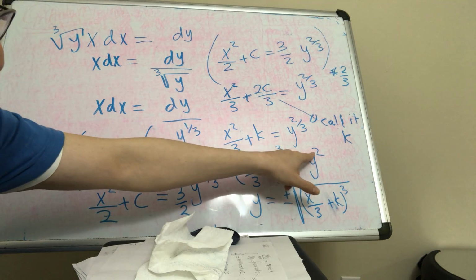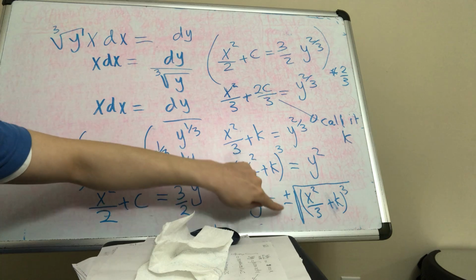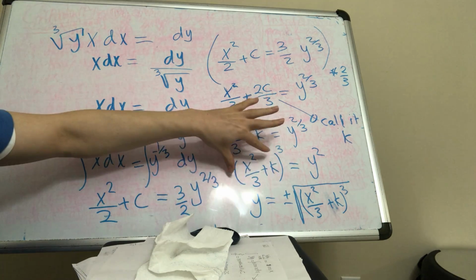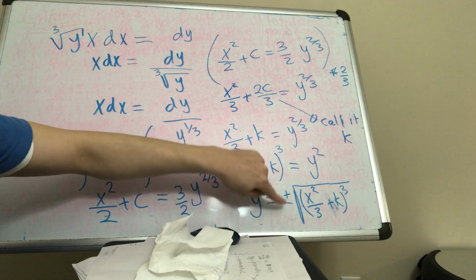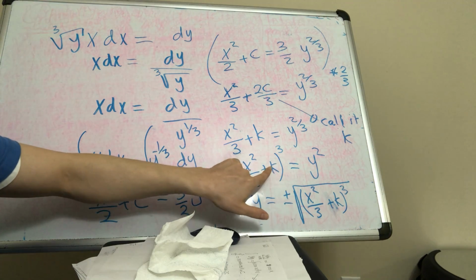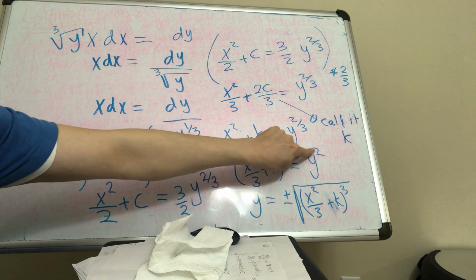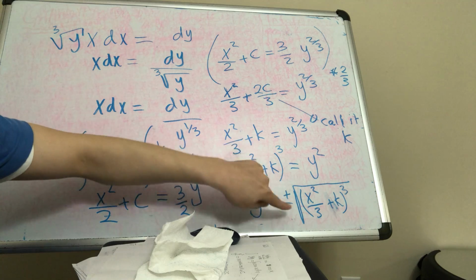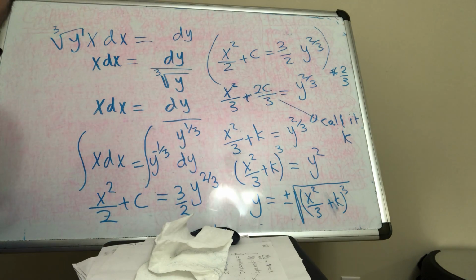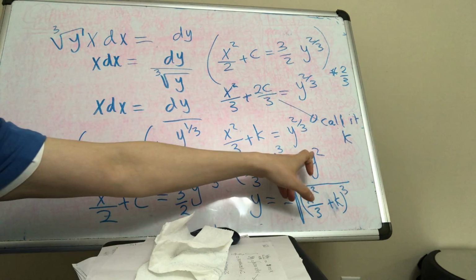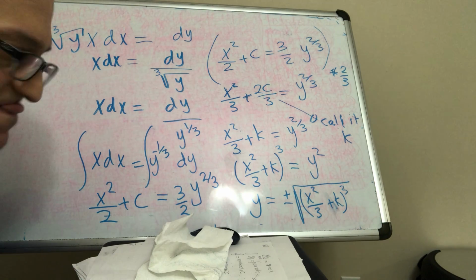So if this was 4, you'd be plus minus the 4th root of this. If this was 6, plus minus the 6th root of this. But if this was cubed, it would be just the cube root. So you do the plus minus when you have an even exponent.